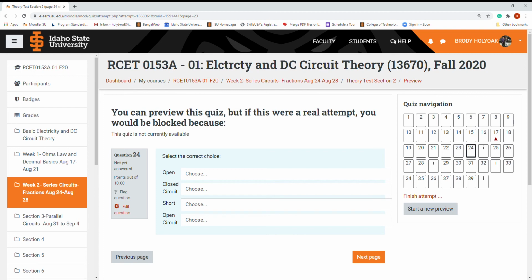Select the correct choice for these, basically the definitions for these words. An open is, okay, a circuit that has no complete current path. Could be, I'll give you that. An unexpected high.